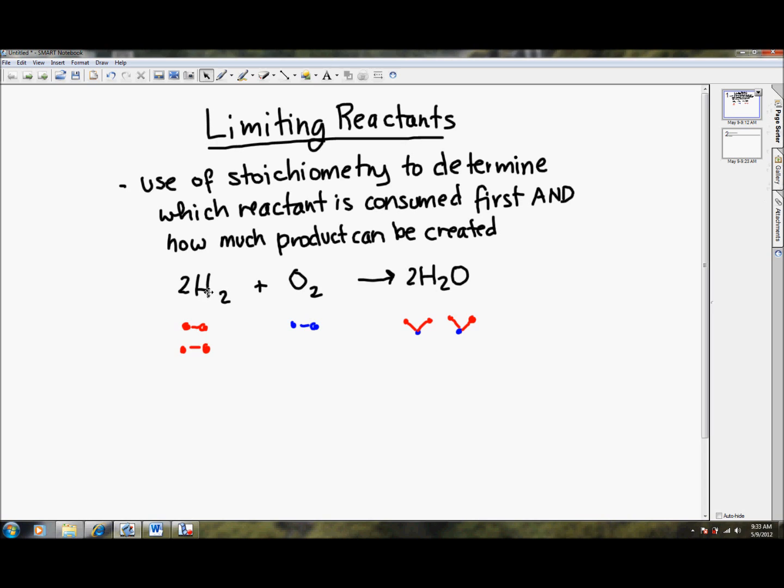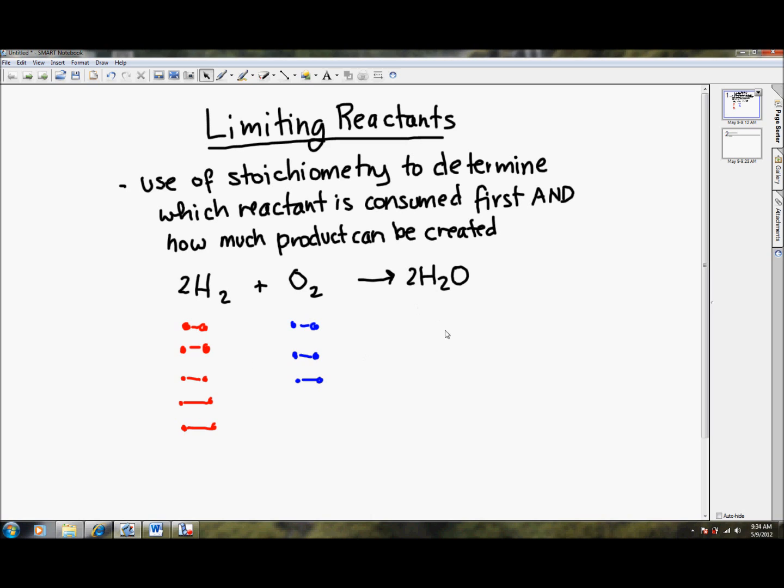However, what if there are some hydrogen and some oxygen present, but they're not in the perfect stoichiometric ratio? So, for example, what if instead this is what we started with?